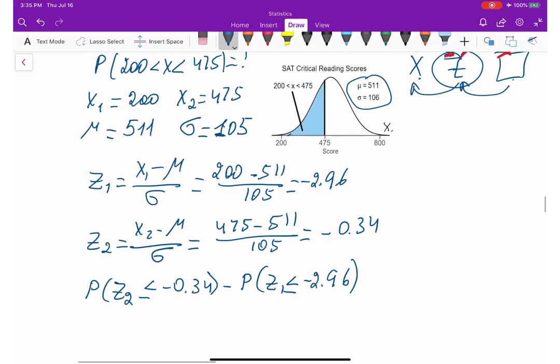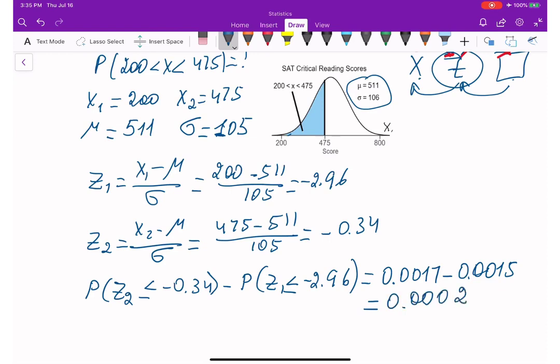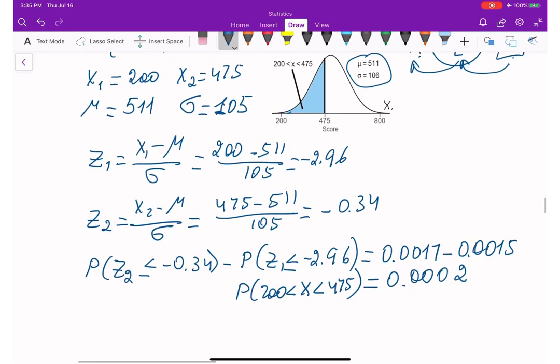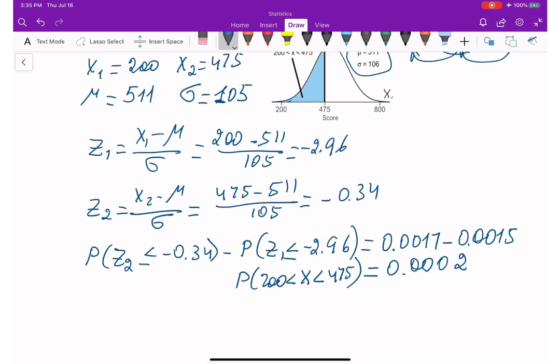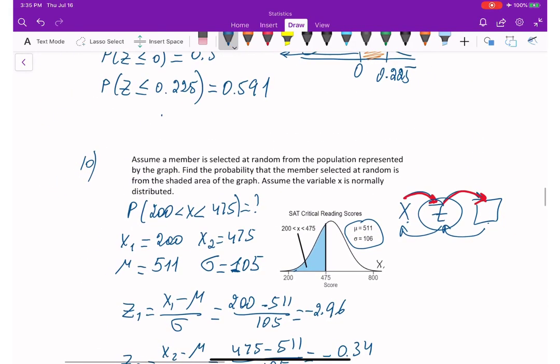And this is equal 0.0017 minus 0.0015, and the answer is going to be 0.0002, and that is the probability for x greater than 200 and less than 475. All right, so this was question number 10.